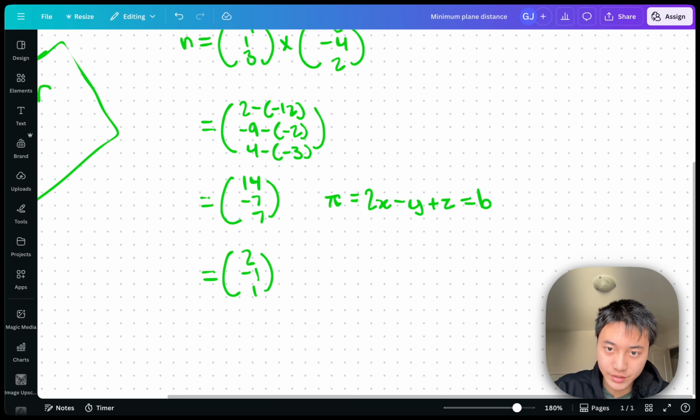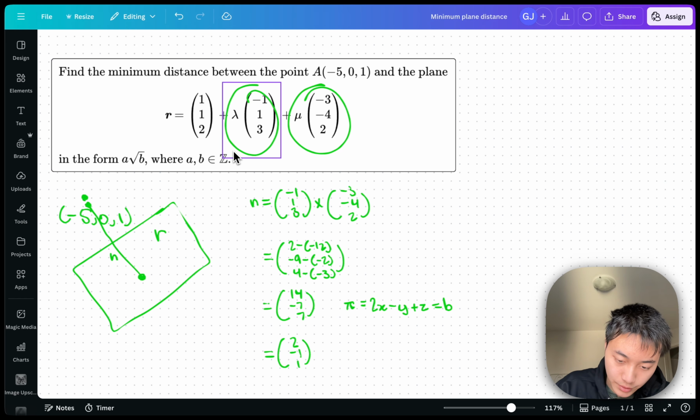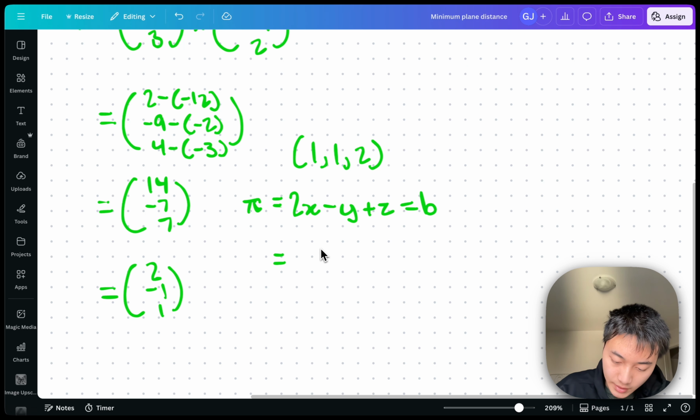To get the constant, we need a point on the plane, and we're given that here, and we just sub it in. So what is this? (1, 1, 2). So 2 times 1 is 2, minus 1 plus 2 equals the constant.